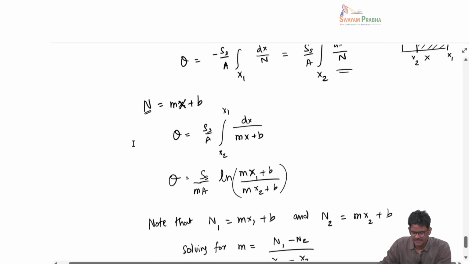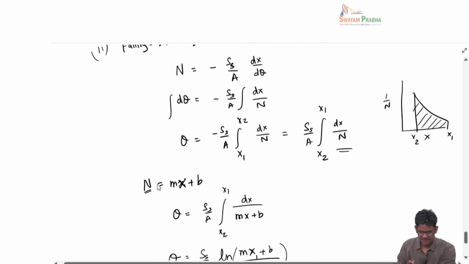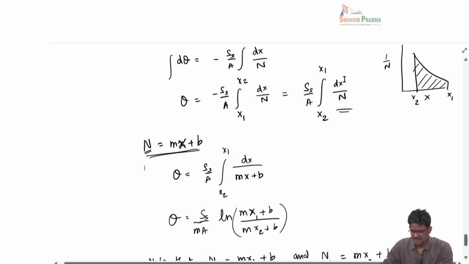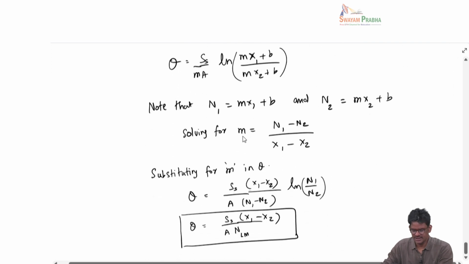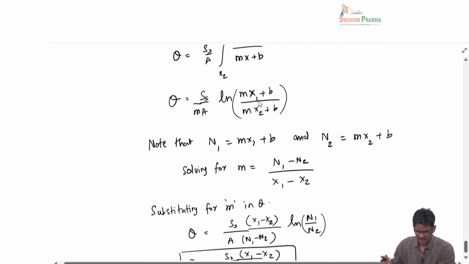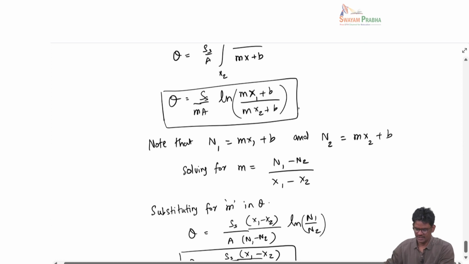So here what I have done is I have assumed that the falling drying rate is a linear line, and then I substitute that in this integral and integrate it. We can stop here, but we can also do it a little differently. We can write that this term mx1 plus b is nothing but n1 and mx2 plus b is n2.